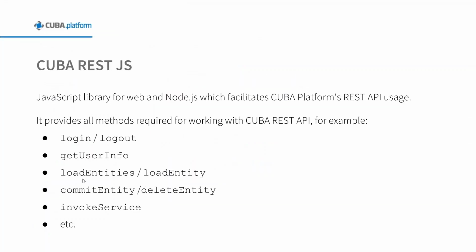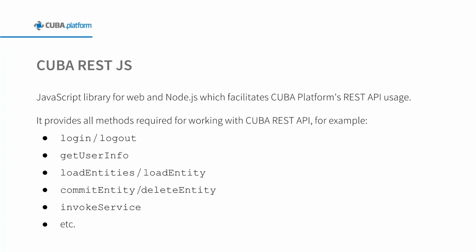CubaREST.js is a JavaScript library for web and Node.js, which facilitates Cuba platform's REST API usage. It provides all methods required for working with Cuba REST API. For example, login, logout are used to get an authentication token and to revoke it. getUserInfo gets the current user information.